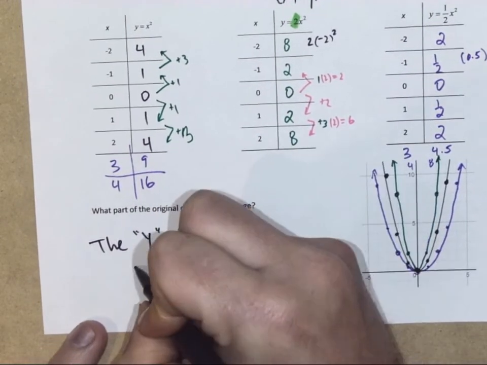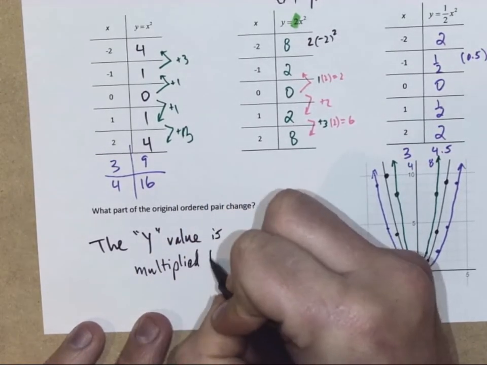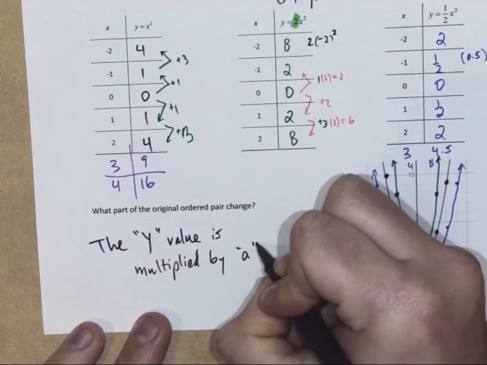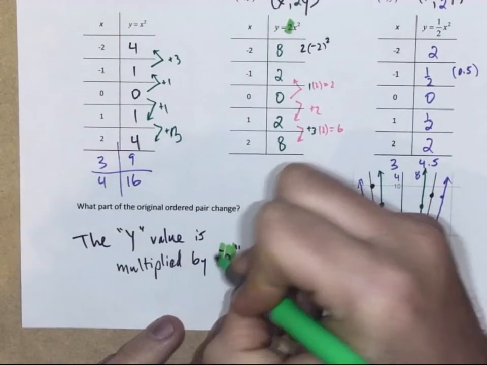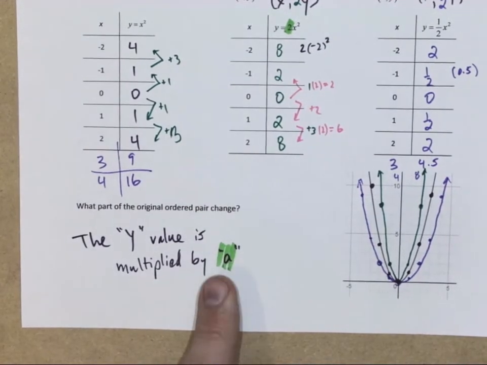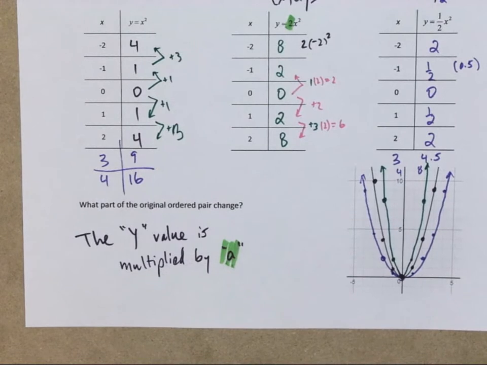It is multiplied by the a. If a is positive, it opens up. If a is negative, it opens down, connecting to what we already knew.